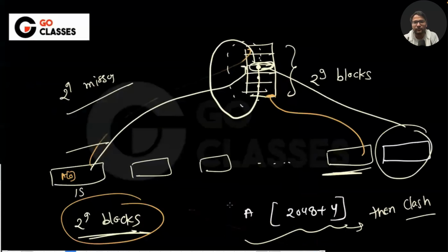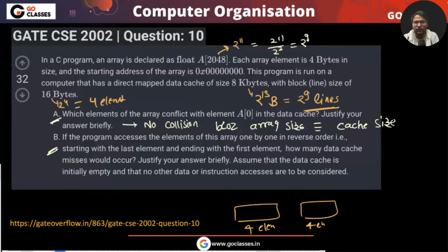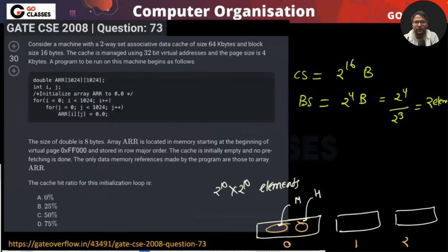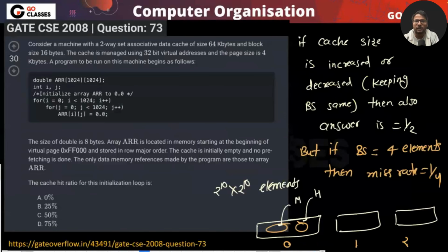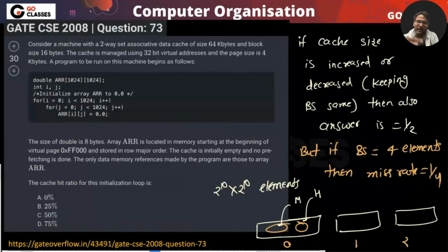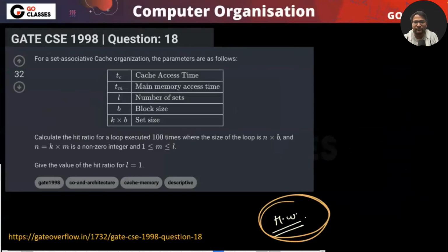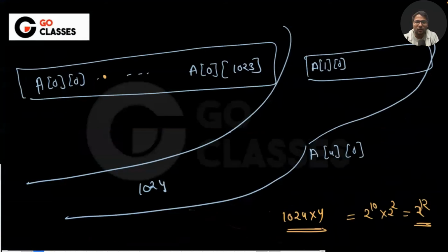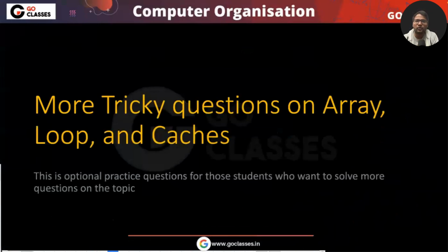Okay, cool. So I think we have solved all the PYQs here. And it was really a nice session in the sense that just to do all of these, if I've taken 8 to 10 days, then I think these 2 hours are worth, right? Now, if you, let's suppose, want to do more practice of the same kind of question, then even more tricky questions are there.